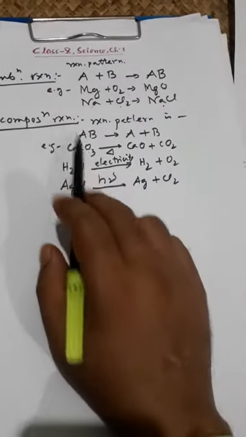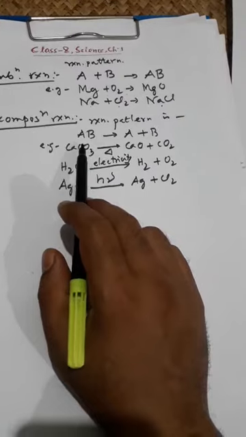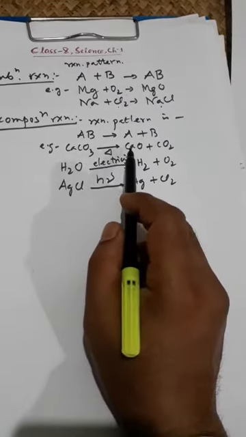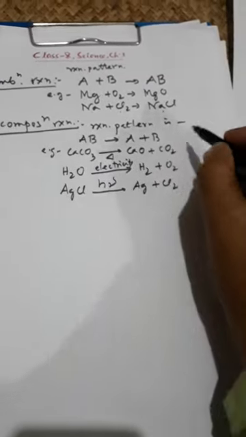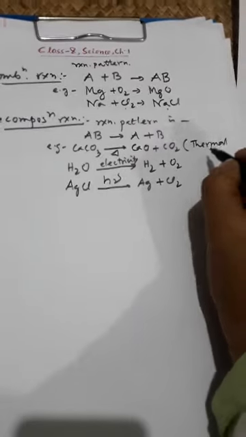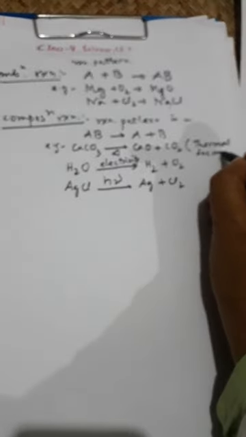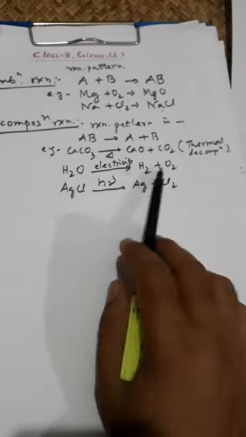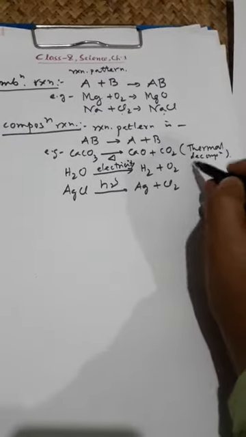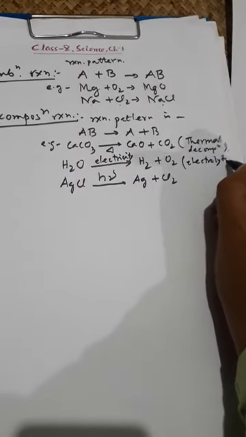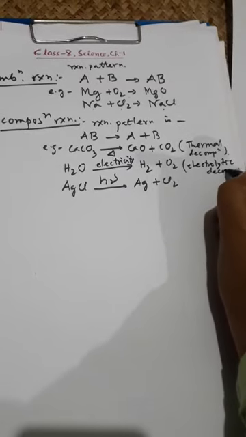Now this kind of decomposition reaction can be divided into three categories. This decomposition reaction accompanied by heat is known as thermal decomposition. This kind of reaction occurring in the presence of electricity is known as electrolytic decomposition.